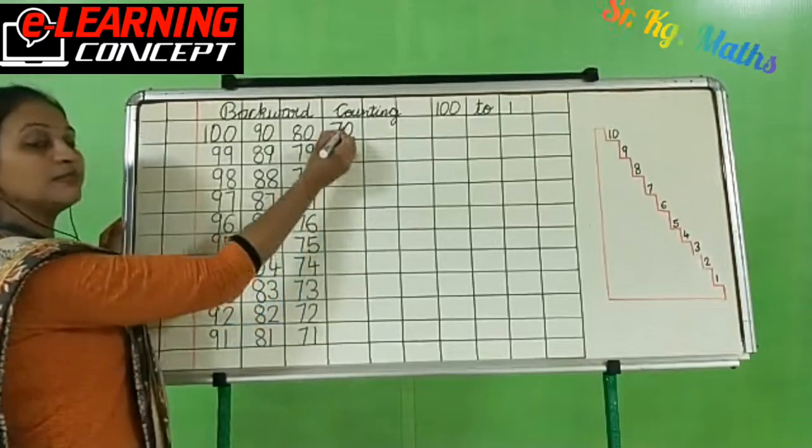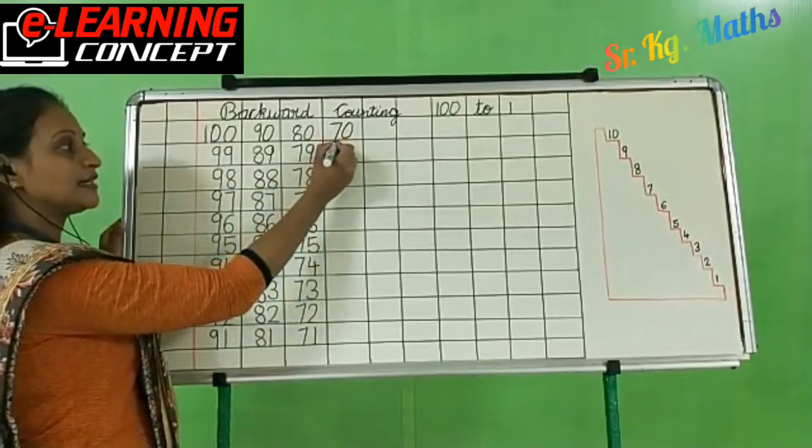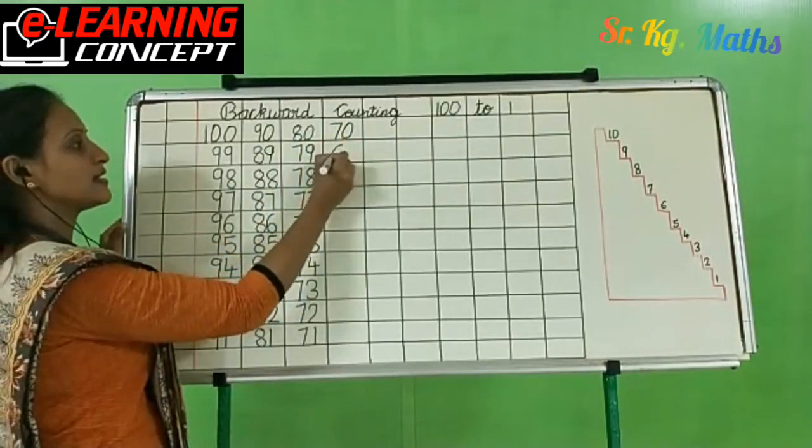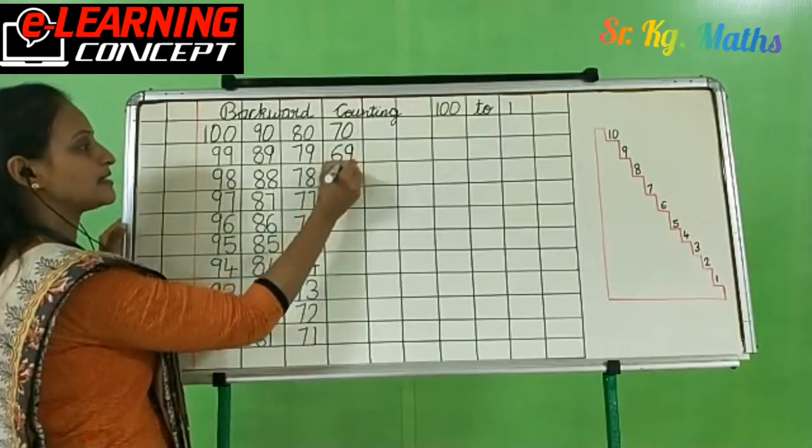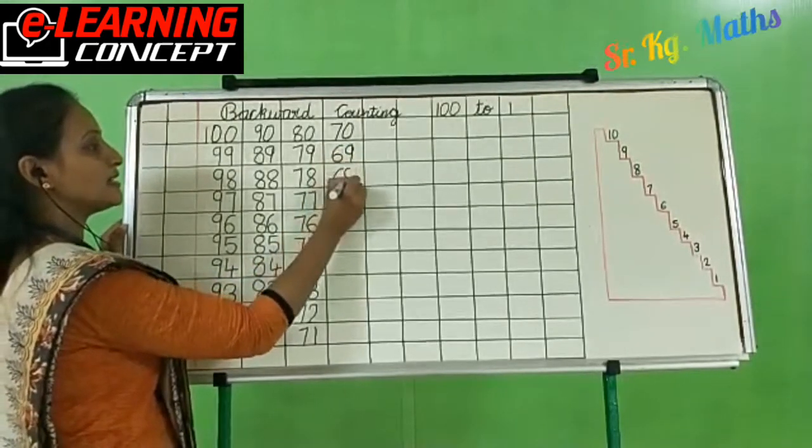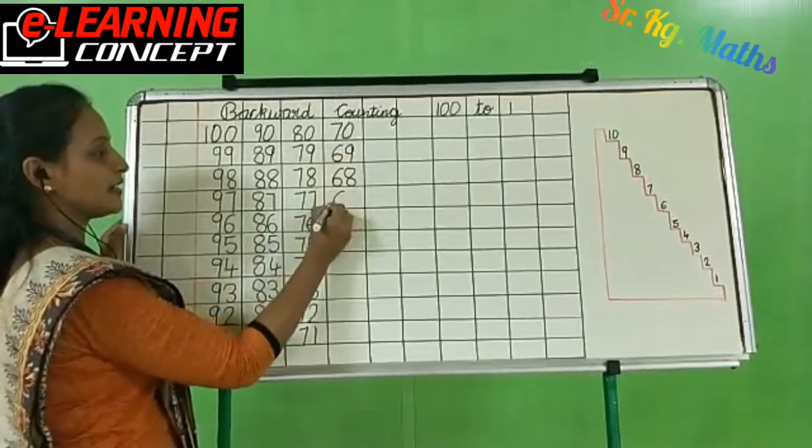Which number comes before 70? Yes. 6, 9, 69. 6, 8, 68.